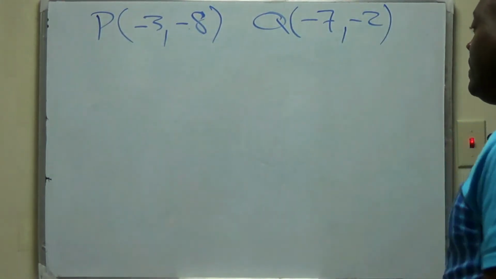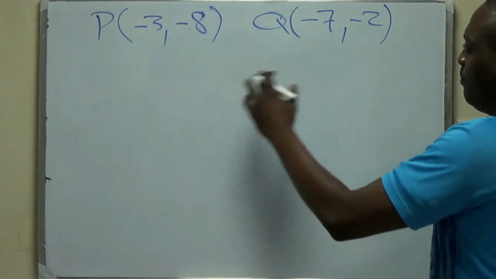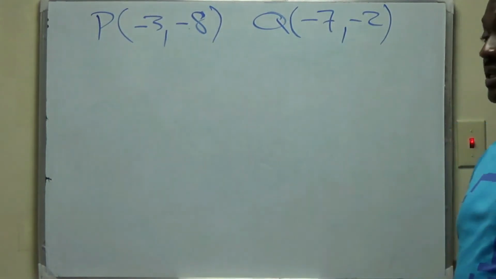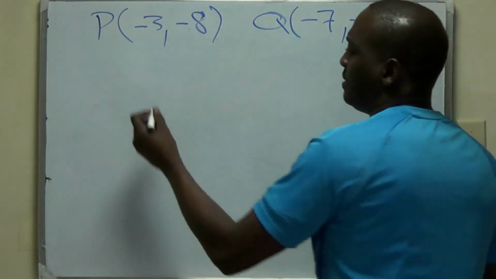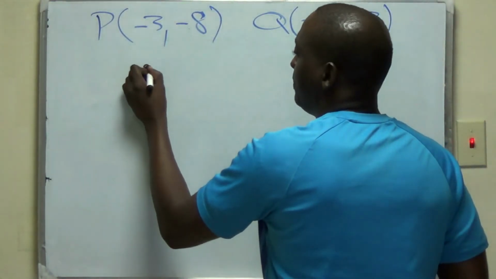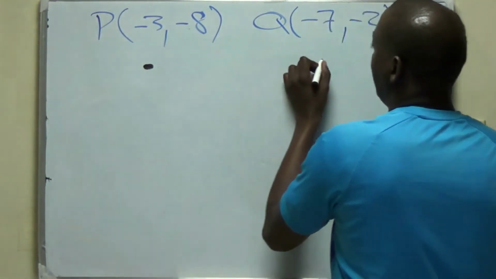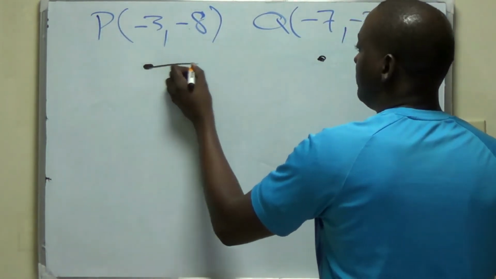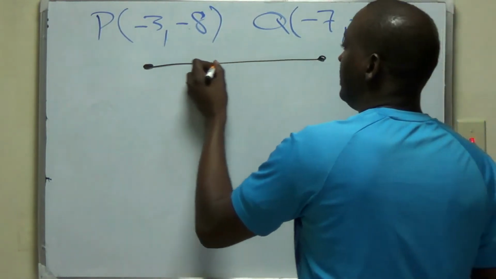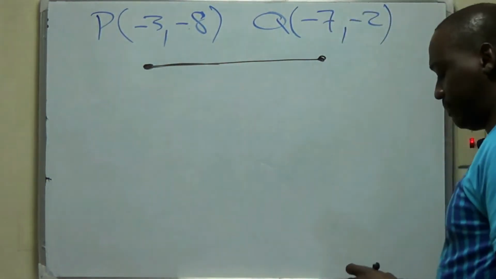Good? So in this case, we have points with all negative coordinates. Again, we could choose to draw a little sketch, right? So this is point P, and this is point Q. I'm going to leave the space there for when we do the different versions of the letter.